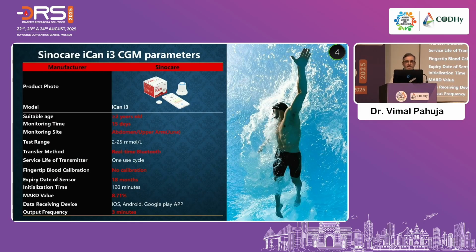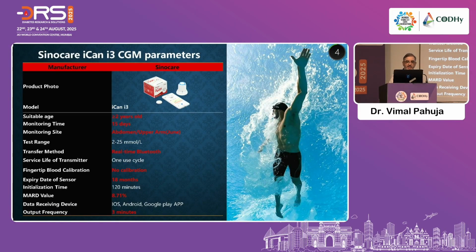So you can see this can be used in a 2-year-old, for 15 days, and it's a real-time Bluetooth. You have connectivity, no calibration is required. 18 months this sensor can remain. And 120 minutes is the time of initialization. MARD value is 8.1%. You can have a data receiving device from iOS, Android, Google Play app, and output frequency of 3 minutes.